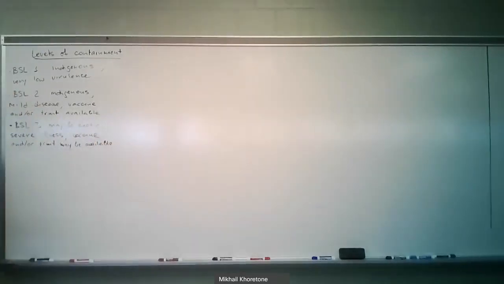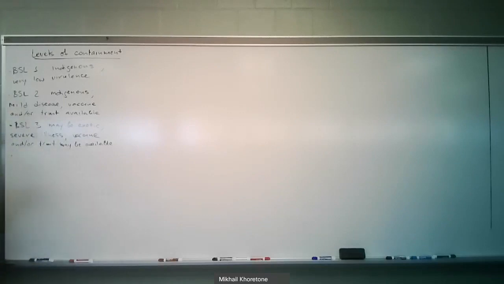Examples here: yellow fever virus, plague, anthrax, Coccidioidomycosis. So those infections, they are treatable or preventable, or they don't spread easily. Does that make sense? But they can cause severe illness: Coccidioidomycosis, yellow fever, anthrax, plague, all of them.